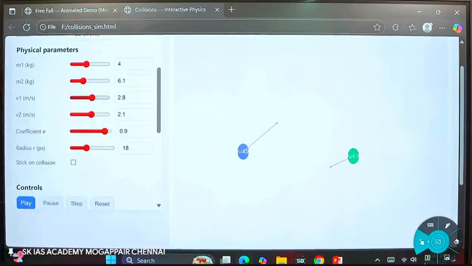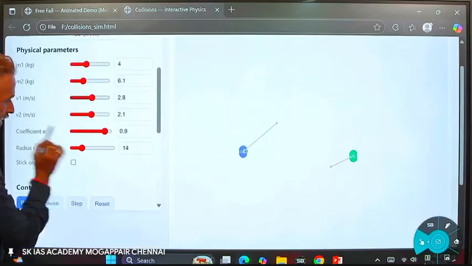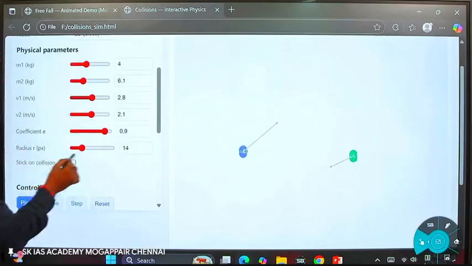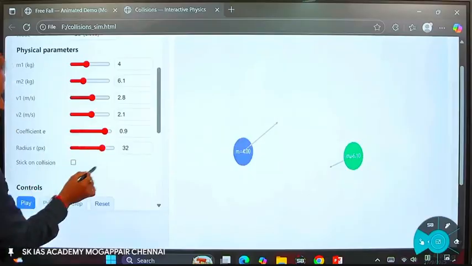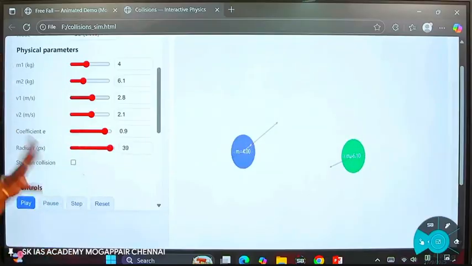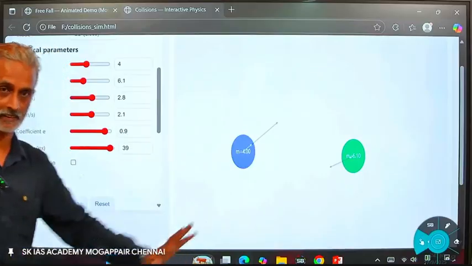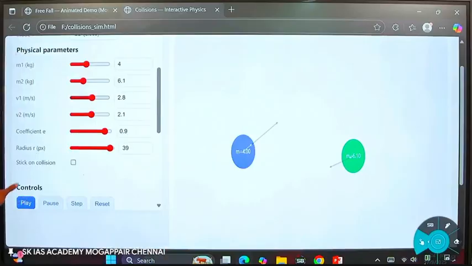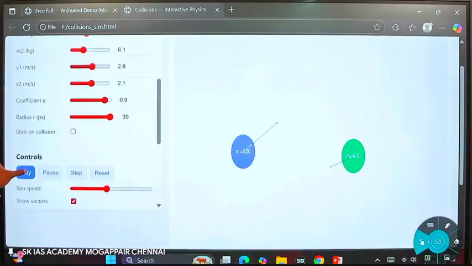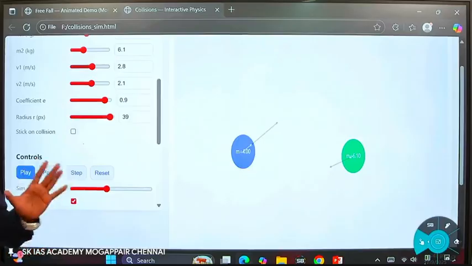Now radius I am just going to decrease. Okay, otherwise increase it now. Okay, now see. Okay, doubt, I increase the radius. Okay, a stick on collision. See what I am going to do. Understand the concept of the 2D.